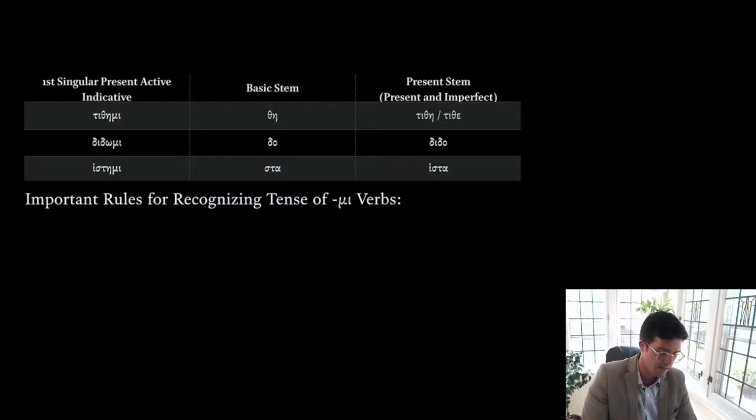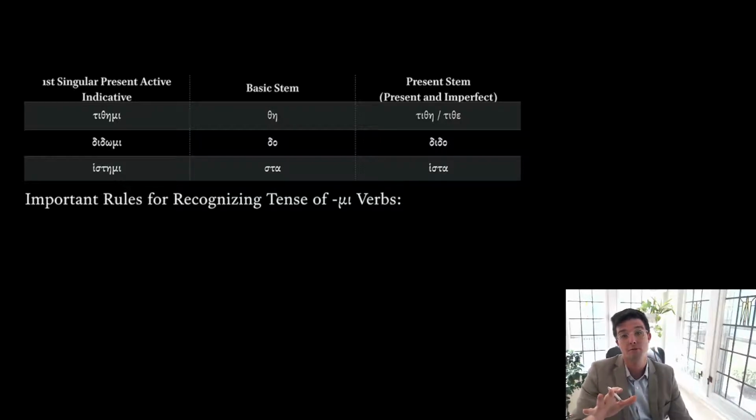In this space here, I'm going to give us some important rules for recognizing the different tenses of mi verbs, and these rules are going to make it easier for you to identify mi verbs with respect to their tense.